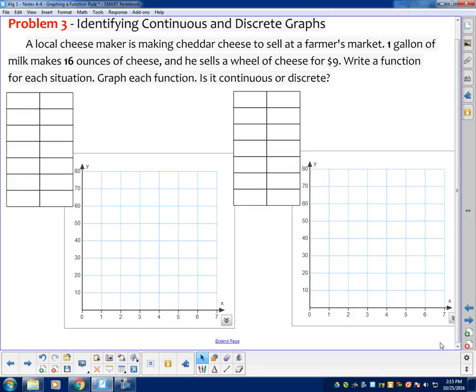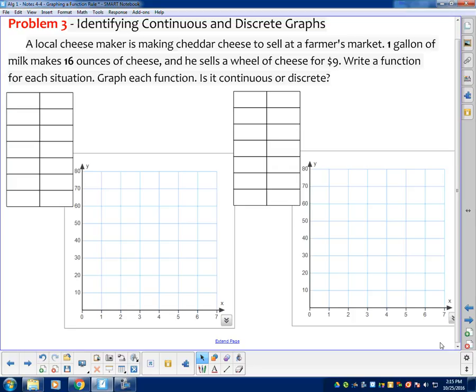So, a local cheesemaker is making cheddar cheese to sell at a farmer's market. One gallon of milk makes 16 ounces of cheese, and he sells a wheel of cheese for $9. So these are two separate graphs.